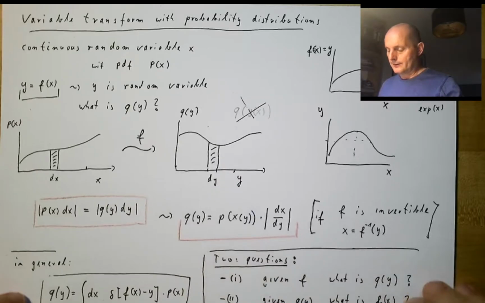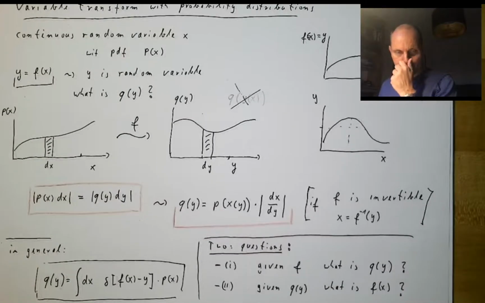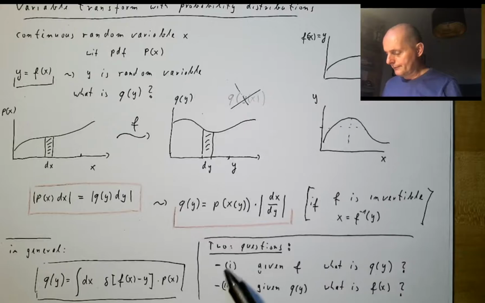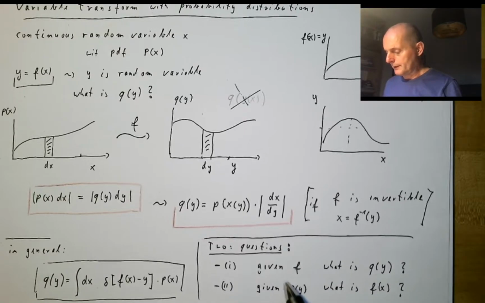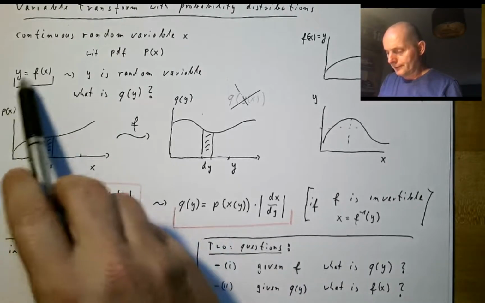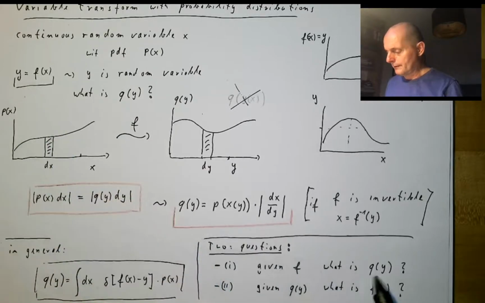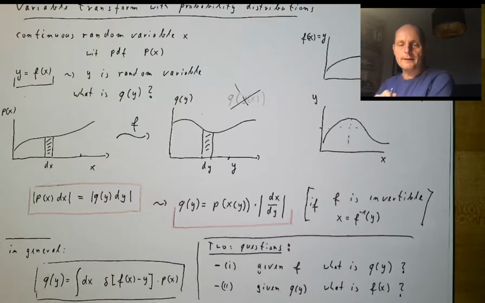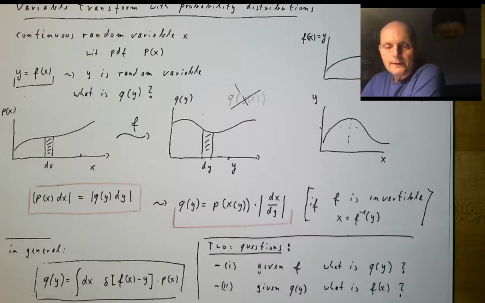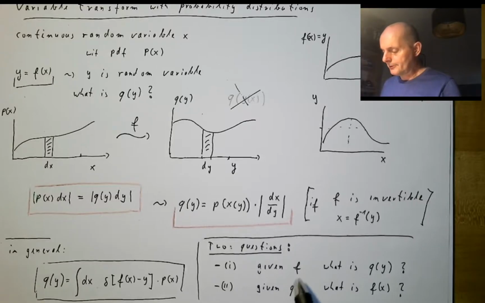And now I want to look at this first question, that we have a given transform and want to know what's the change of a probability distribution. I want to do this because I want to take this special example that this f is a log transform.